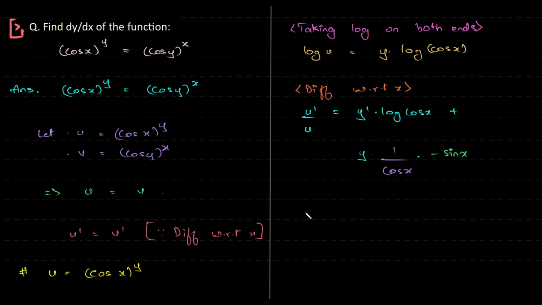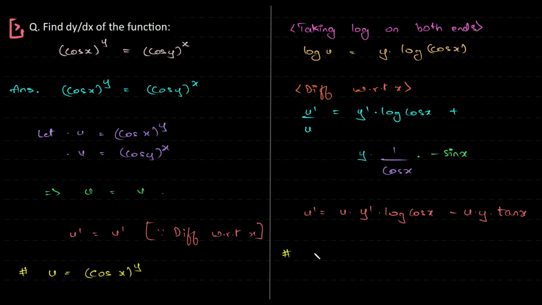So finally you have u prime, which is equal to u times y prime, then we have log of cos x, then we have minus u into y into tan of x. So that is your u prime, right?